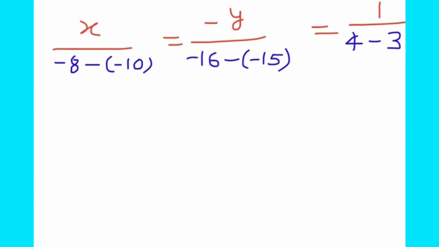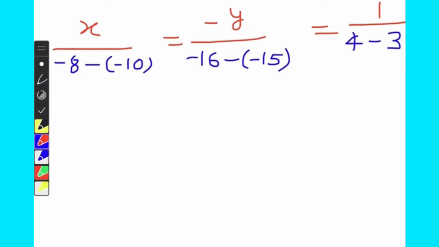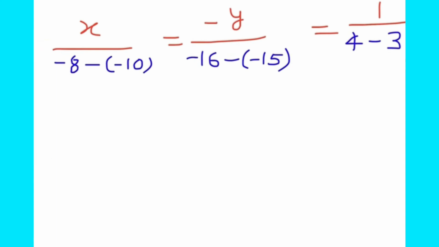So what to do? You will get just like that, x upon, it is minus and minus plus 10 and minus 8. What you will get? 2 only, and equal to minus y. And this is once again minus and minus plus.